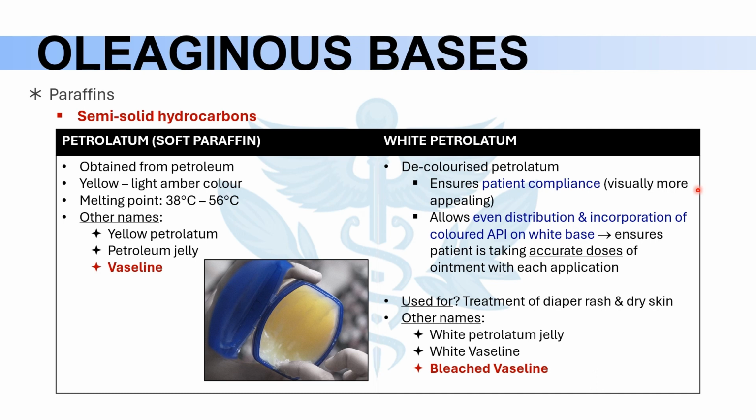The second benefit that decolorized petrolatum provides is that it allows even distribution and incorporation of colored active constituents onto a white base. When we incorporate our colored drug against a white background, which is the base, this ensures that we are incorporating an accurate dose of the drug, and therefore it also ensures that we give the patient the accurate dose for application onto the skin.